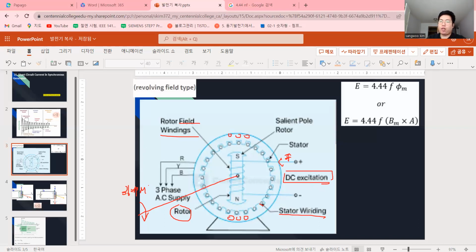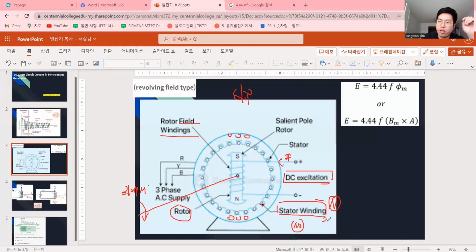We already learned about slip. What I mean is slip is the difference here. The rotor itself is rotating at speed, let's say N. And the stator windings also make the armature's revolving field, so we say this is NS.